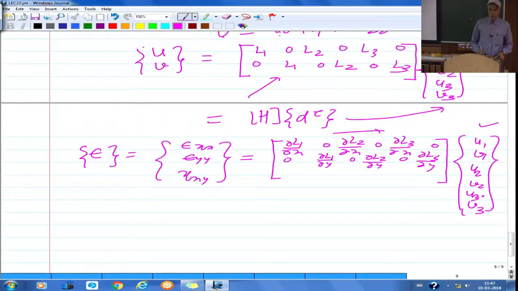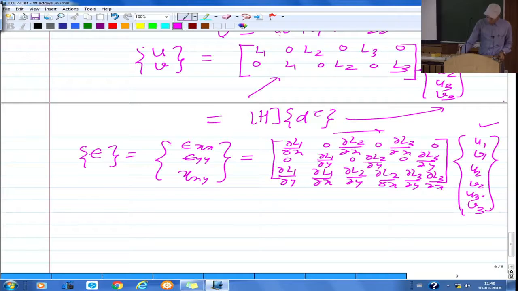And then gamma xy is del u by del y plus del v by del x. So both the terms are there. So here you will have the derivative of u with respect to y. So that is del L1 by del y into u1 plus del L1 by del x into v1 plus del L2 by del y into u2 plus del L2 by del x into v2 plus del L3 by del y into u3 plus del L3 by del x into v3.